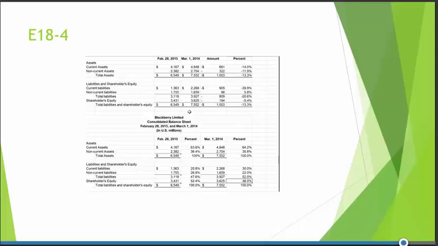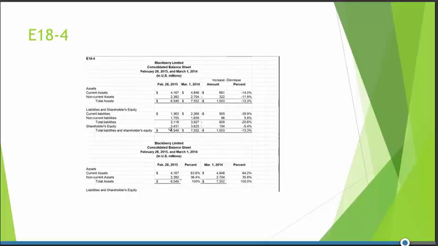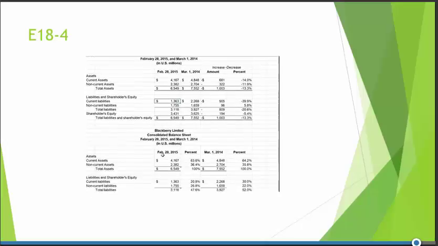So it looks like we still have good liquidity in the business. If we look at current assets, 4,167, and current liabilities, 1,363, we have at least coverage of over 3 times. So that's okay.